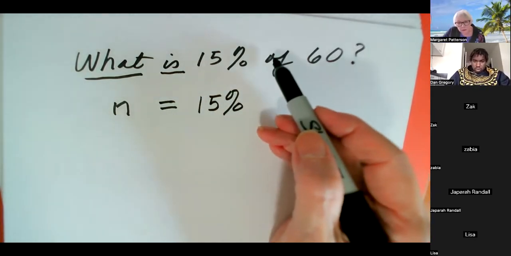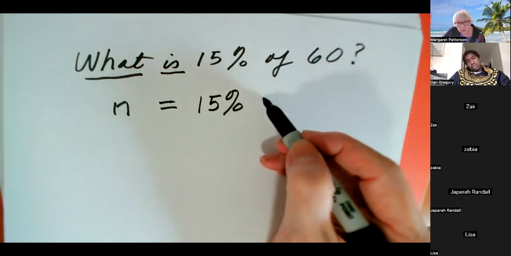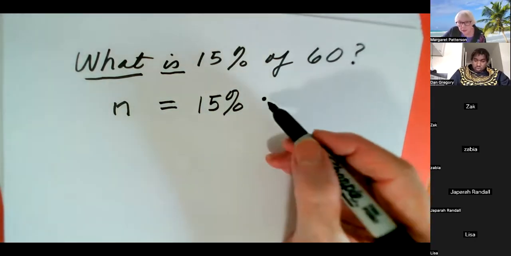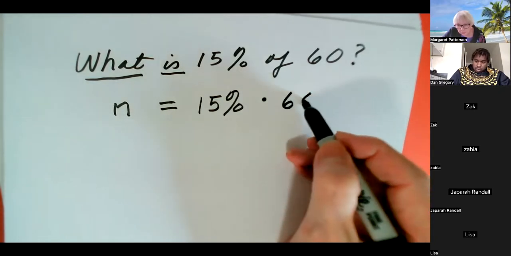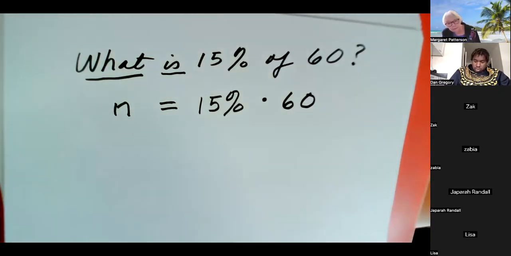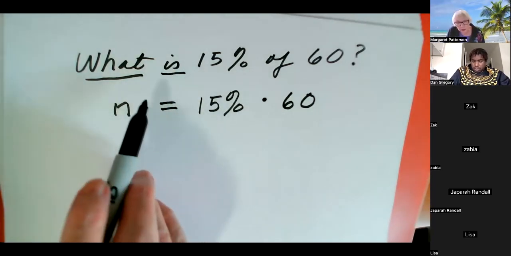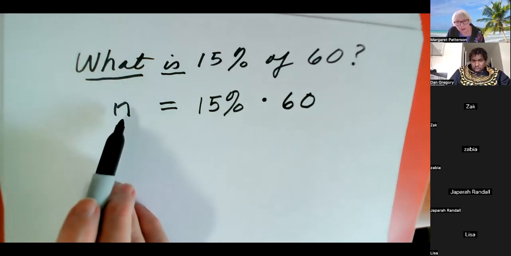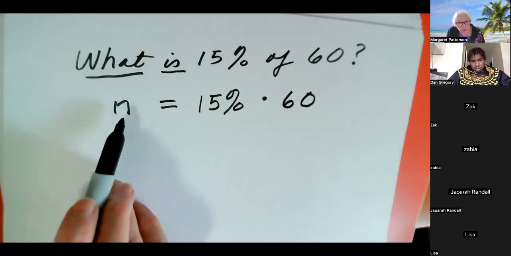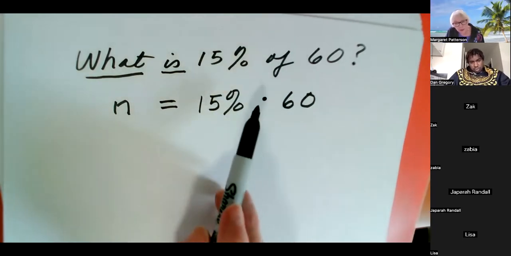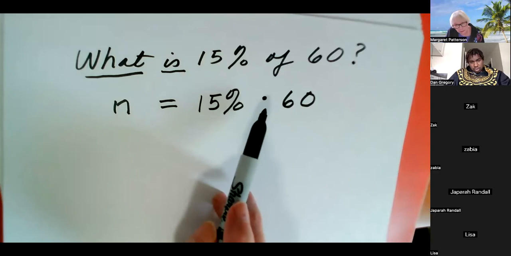The word of between 2 numbers is multiply. And 60 is 60. Did you see it? Is goes for equals. The missing number, I'm calling it n. You could have called it x.